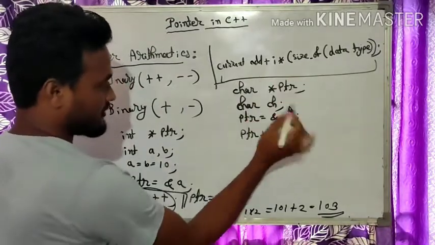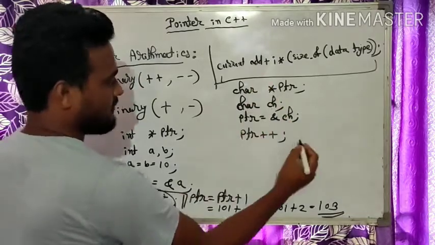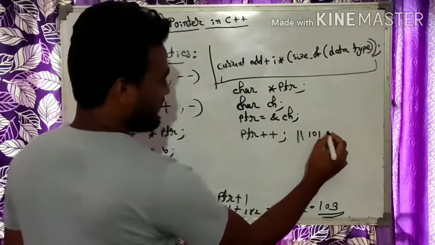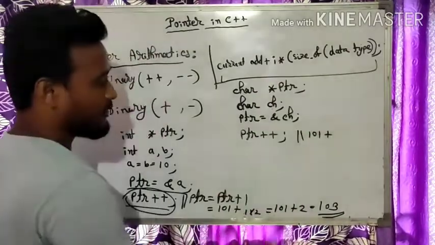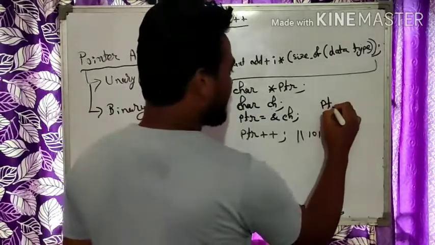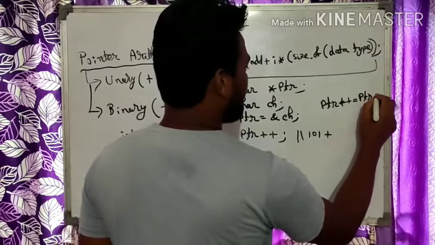Suppose the memory address for this character is 101. This will be 101 plus i, which in this case is 1. Why 1? Because ptr equals ptr plus 1 only.